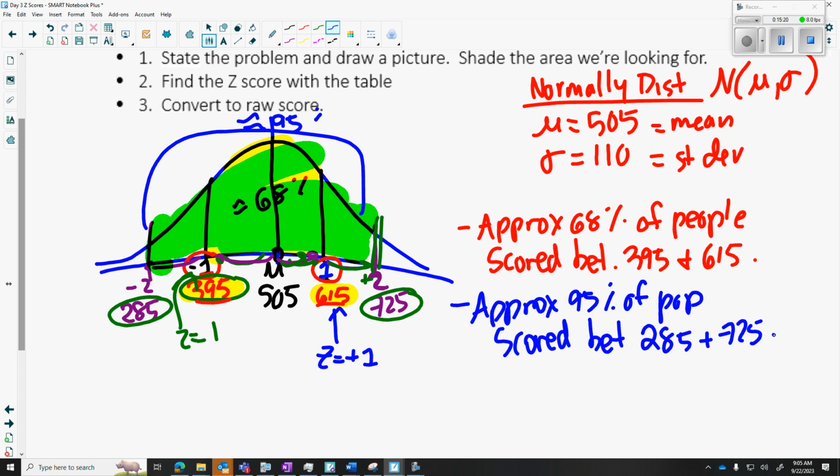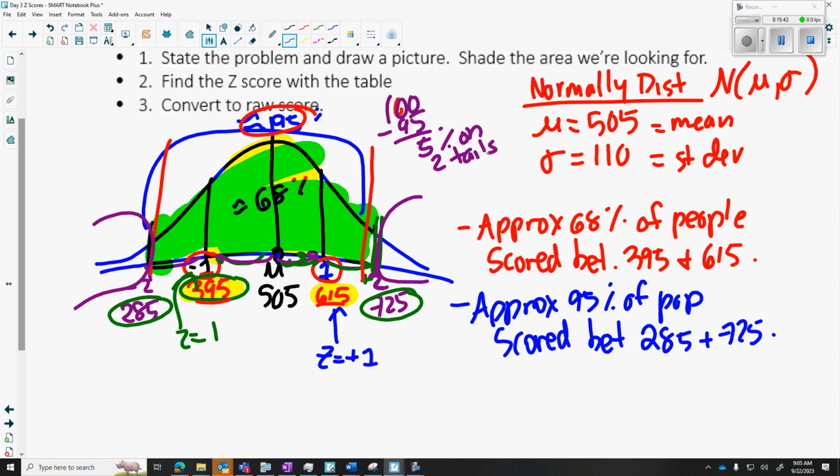So let's say I wanted to know about someone who scored in the top 2.5%. This is 95% from here to here, right? So there's actually 5% left. If you do 100 minus 95, you're going to get 5% remaining on the tails. So 5% on the two tails, if we divide that 5% by 2, you're going to get 2.5% to the right and 2.5% to the left.